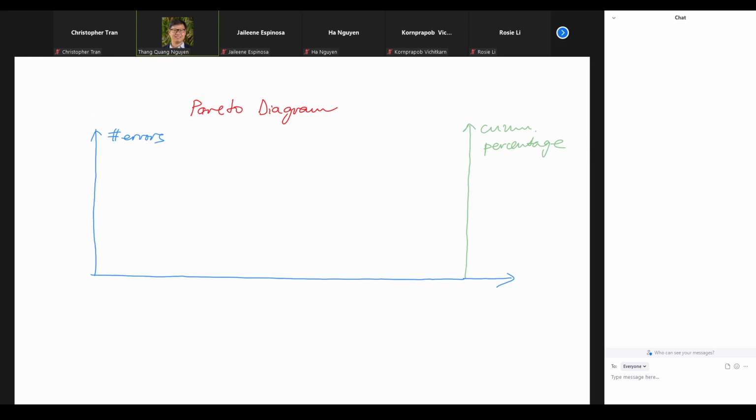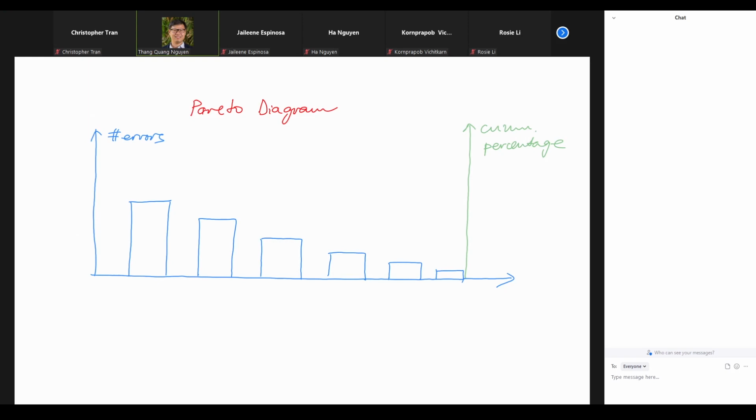So we would draw the Pareto diagram like exactly what we see in the table. So the first column has to be the tallest. And then the next column, the third one, the fourth, fifth, and sixth, right? Okay, so this is called the Pareto diagram.